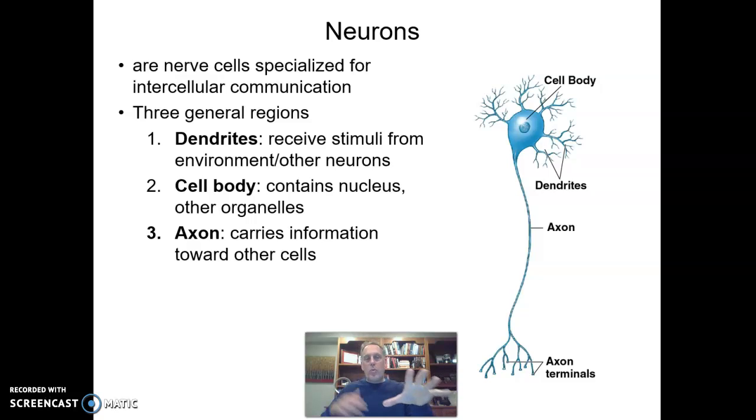But those are the ones that receive the stimulus, right? And they get that kind of economic or environmental feedback loop that starts the process. So the dendrites, if they're receiving stimuli, what side are they on, the afferent or the efferent?